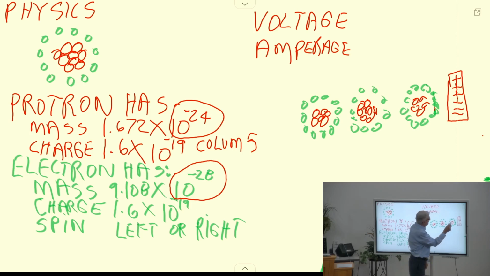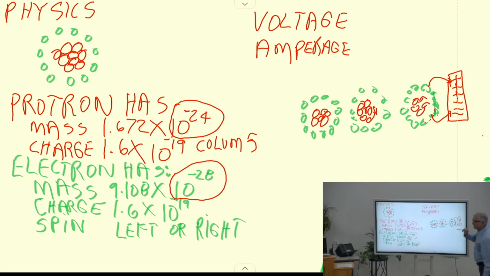In other words, positive attracts negative. So these guys live around their nucleus because this positive attracts this negative. That force keeps these electrons with this nucleus. But if I create a positive force here stronger than the positive force coming from this nucleus, these guys pop off of this atom. And those electrons come over here.